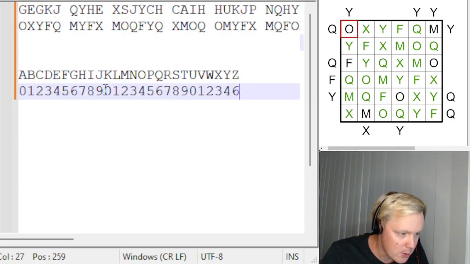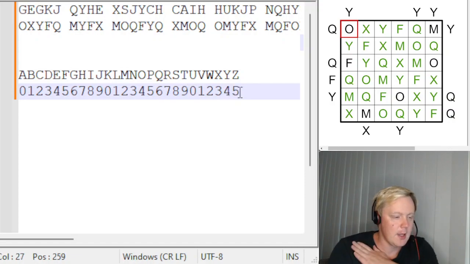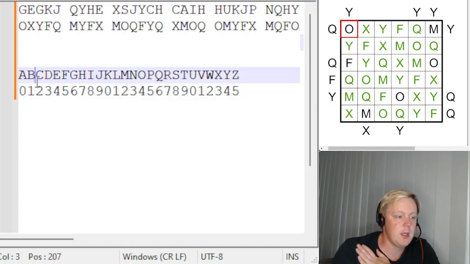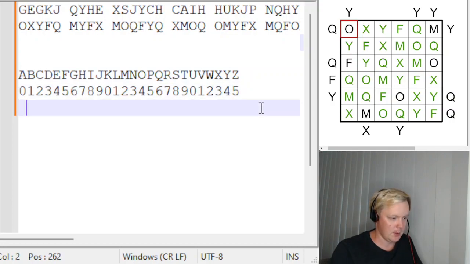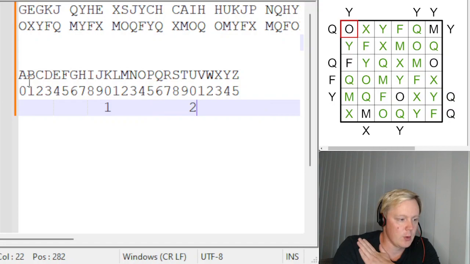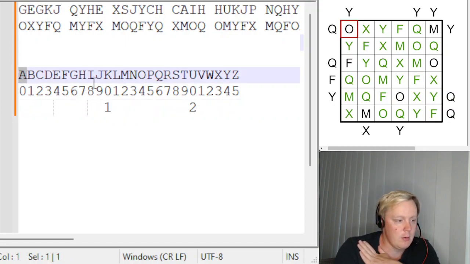Did something wrong there. That should be 5. Yeah. A is 0. B is 1, and so forth. And then I guess I can put the tens digits there as well. So A is associated with 0. I is 8. P is 15. W is 22, and so forth.